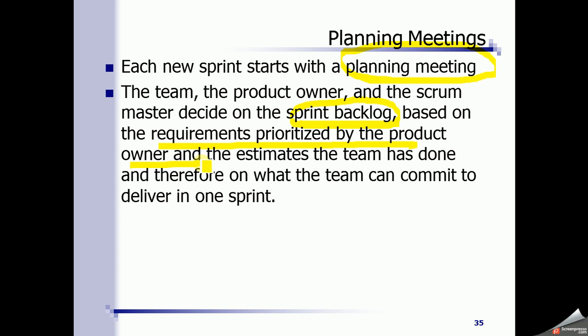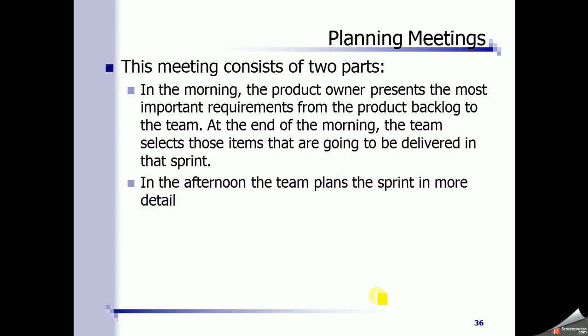So those use cases which have the highest priority and have not been implemented yet, they will be put in the sprint backlog, and the estimates the team has done, right? So the team has also done some estimates for all the use cases, how much time is required to implement them. So based on these two criteria, sprint backlog is agreed upon.